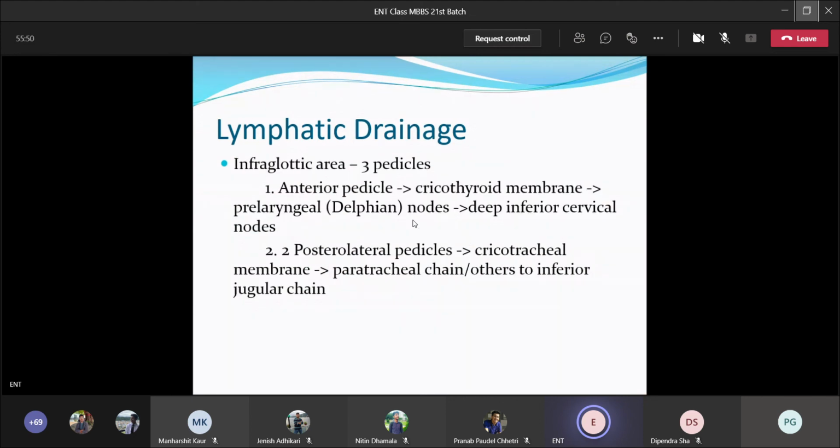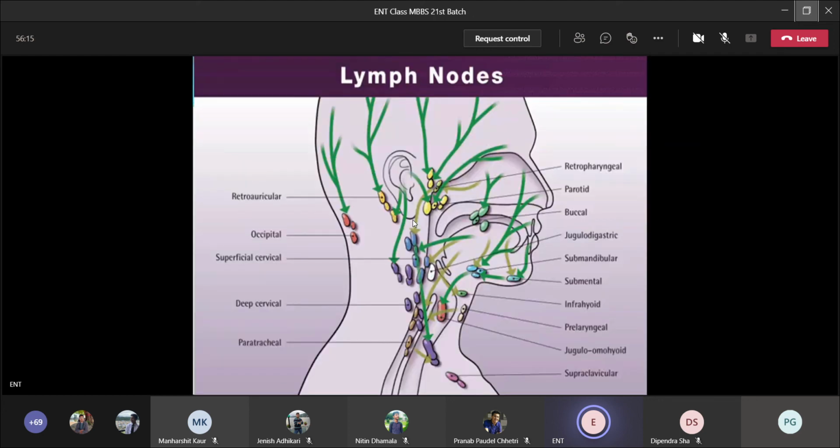In the infraepiglottic area, there are 3 pedicles. The anterior pedicle passes through the cricothyroid membrane to the prelaryngeal nodes and deep inferior cervical nodes, and 2 are posterior lateral pedicles through the cricotracheal membrane to the paratracheal chain and the inferior jugular chain. This is lymphatic drainage.